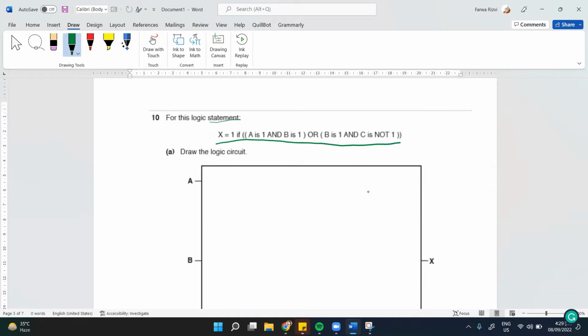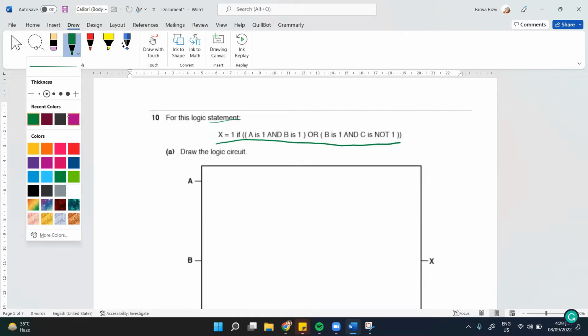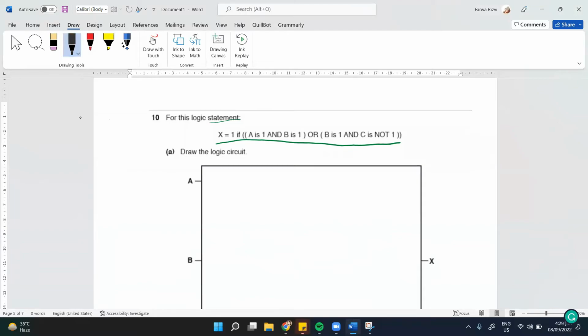X is equal to 1. We know that X equals 1 means true, right? So we're just going to write X is equal to, with no bar on top of it, nothing. And X is equal to 1 if, in a double bracket, they said A is 1 and B is 1.